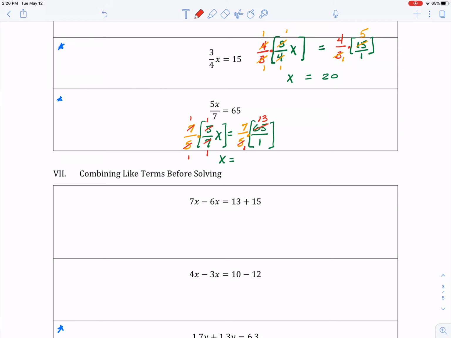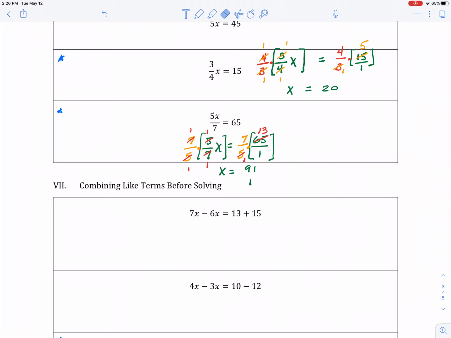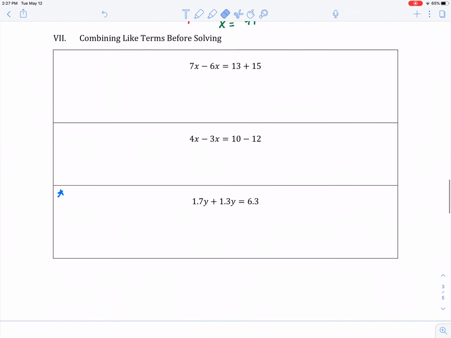So I'm going to go ahead and multiply across the top and across the bottom, and I see, I think, 91. And again, it's sitting over 1, and you don't need to write that, so I'm just going to stop at x equals 91. So that's the first type where we use the multiplication or division principle of equality.